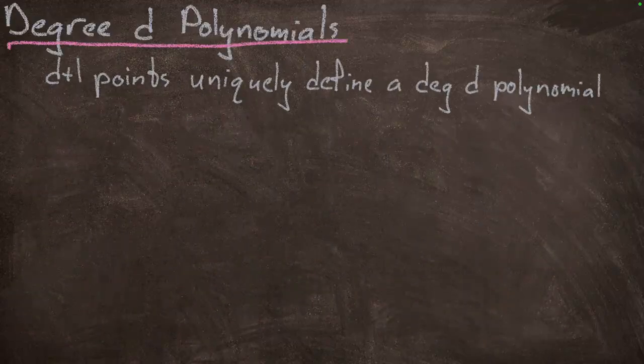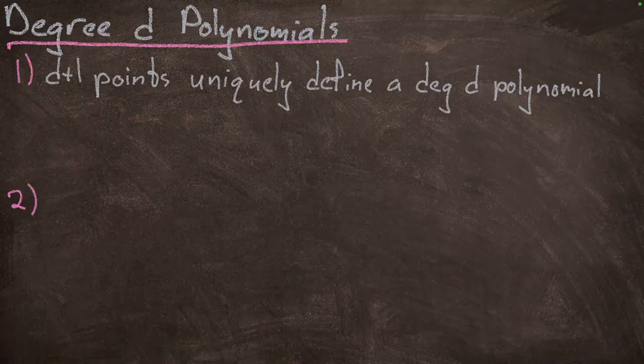So, degree d polynomials, we know 2 things about them. We had 2 properties that we wrote down last time. This was one of them, so we'll call this 1, and there's a second one. This is flipped from the notes. Property 1 is property 2 and vice versa. But this property we've seen: d plus 1 points uniquely define a degree d polynomial. That's how we used it for secret sharing just a moment ago, too.